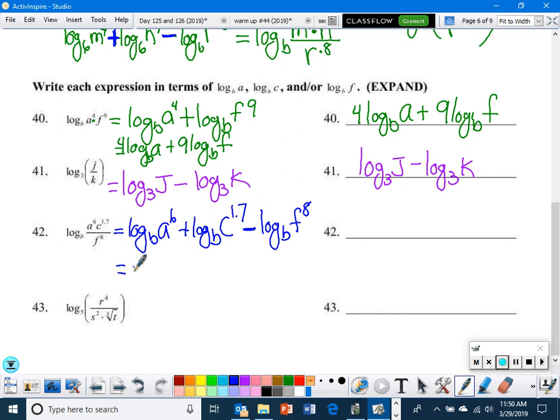Okay, now I did the product and I did the quotient. Now I'm going to do the power.